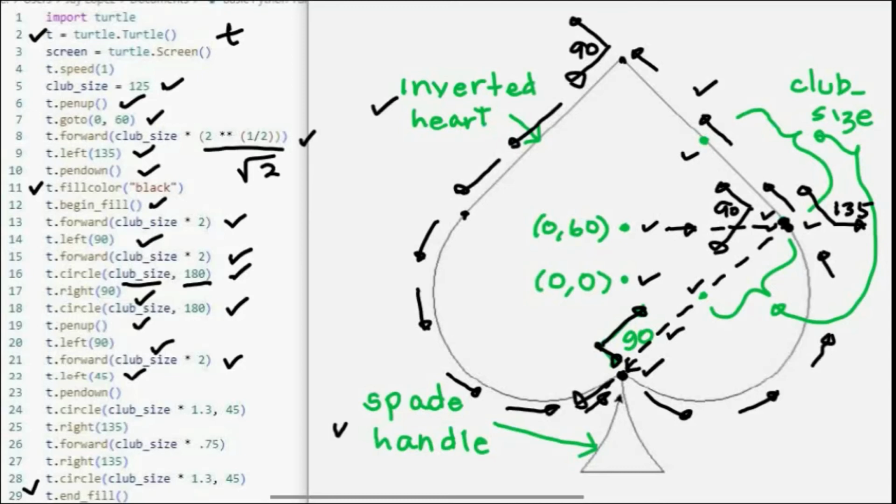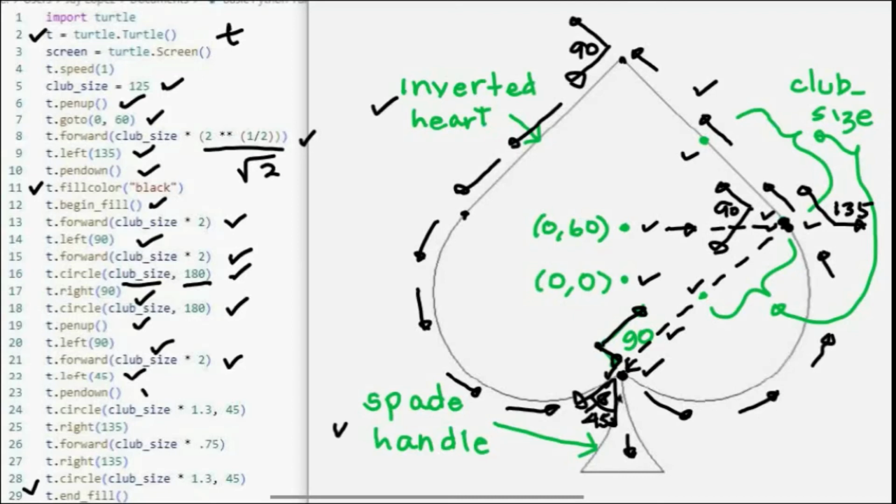What does that mean? It has to be like this. Okay, and this is 45 degrees. I hope you can understand my drawing there. So the direction of the turtle now is like this, from this point here. And we are ready to draw the handle.